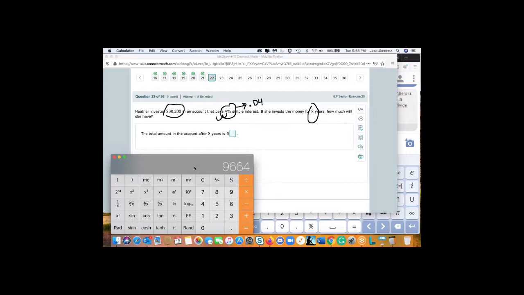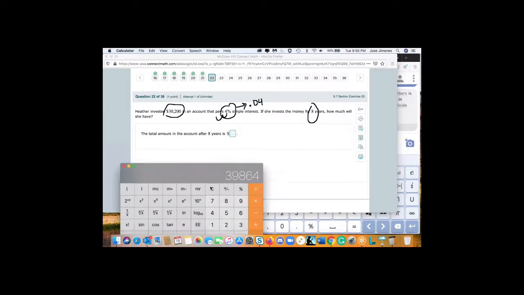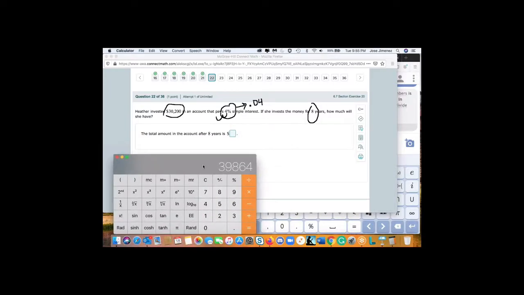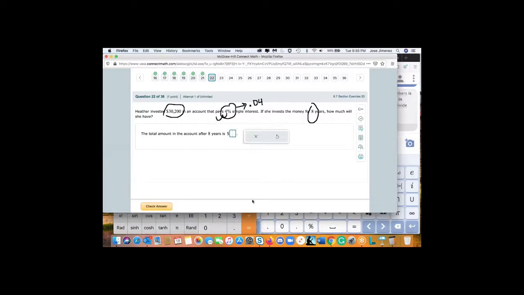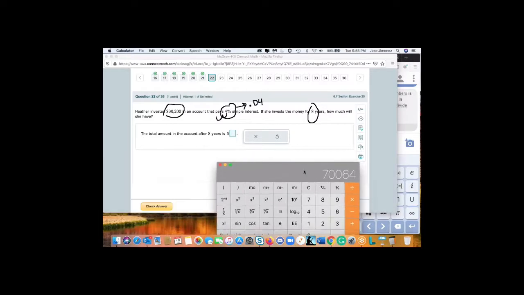Yeah. So here what we need is to add the interest. We say plus 3,200. We add it, and this is the amount you have to pay back, or the amount you have in the account. So either way, this is how much we have. Oops, sorry, we missed that one. Forget that.